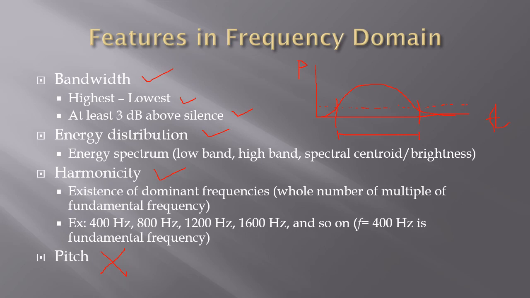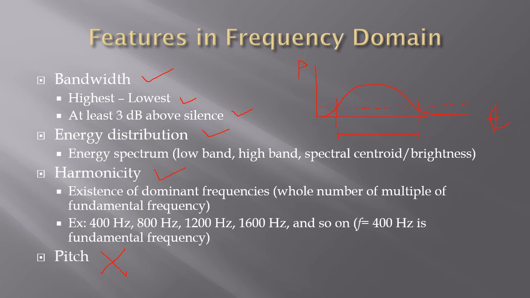Now, if the bandwidth is high, above 10,000 Hz, let's say, then it is not possible that it is a human speaking, because the bandwidth of the human voice is only 7,500 Hz, and a bandwidth larger than that indicates that it is not human speech.